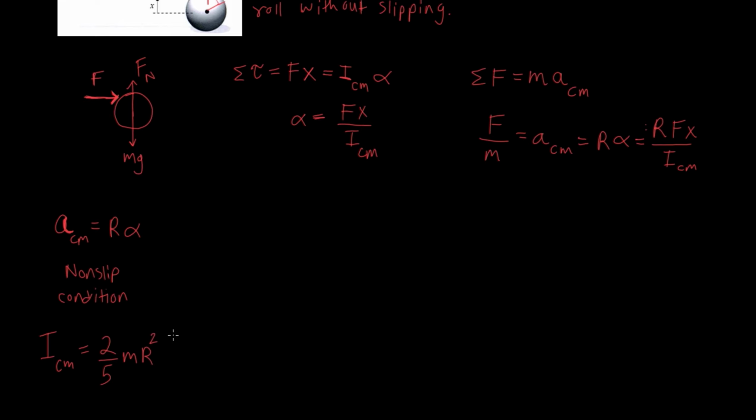And usually you can get this on any formula sheet or even on the internet. Now we have a value for our moment of inertia. Let's plug that value of the moment of inertia into this equation right here. If we plug that in, we just have this.